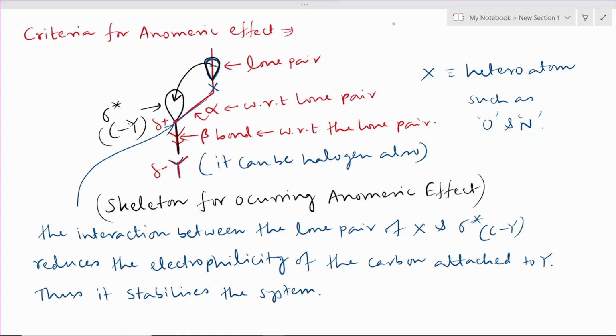So that's why the anomeric effect is a stabilizing effect. Now we will solve some problems in order to clarify this concept.